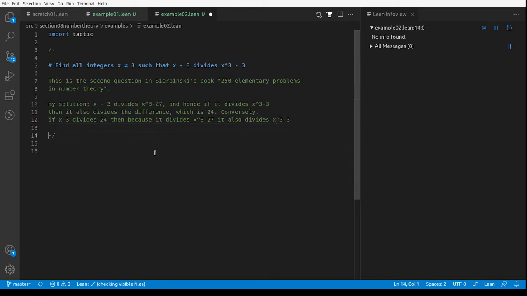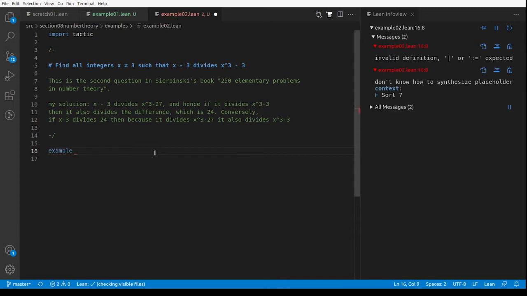So if you like, we could do this. I'm claiming that x is an integer, and I claim that x minus 3 divides x cubed minus 3 if and only if x minus 3 divides 24. And that should be relatively straightforward.